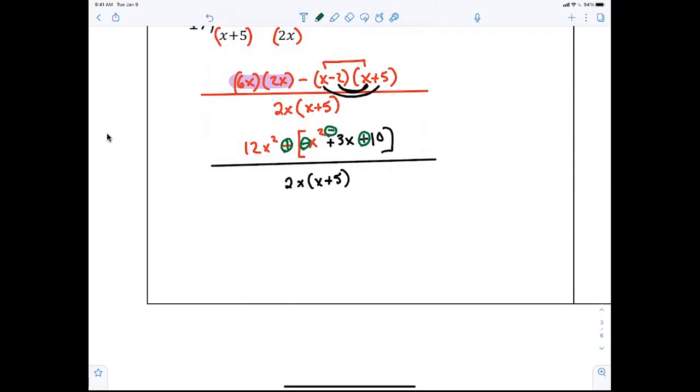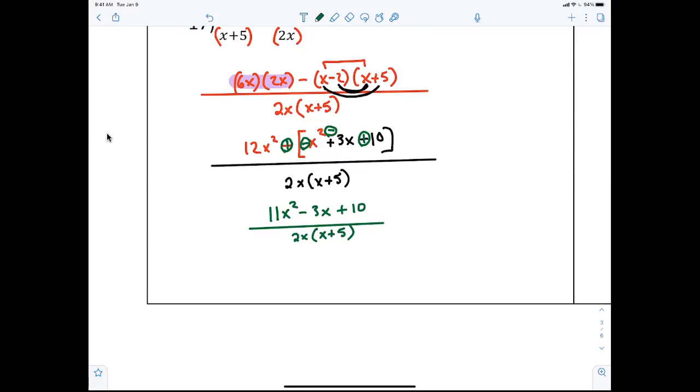And now, what's 12x squared minus x squared? 11x squared. So we get 11x squared minus 3x plus 10 all over 2x times x plus 5.